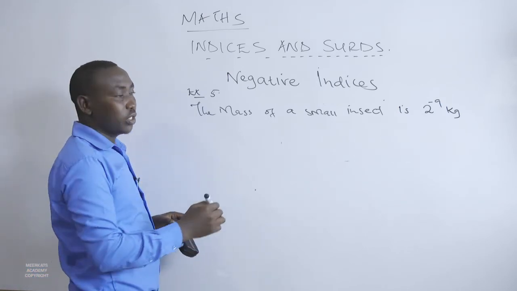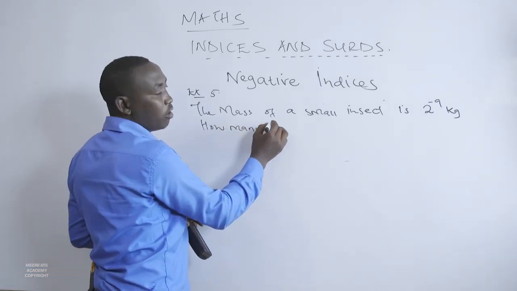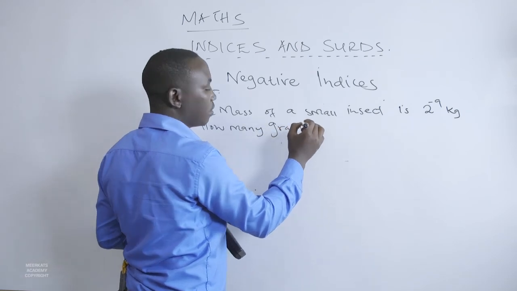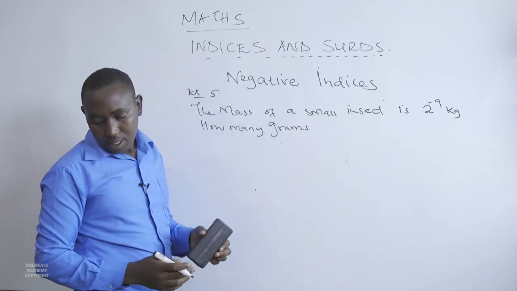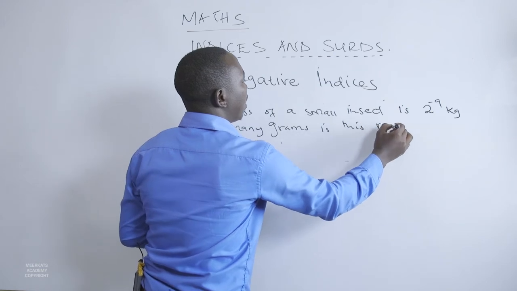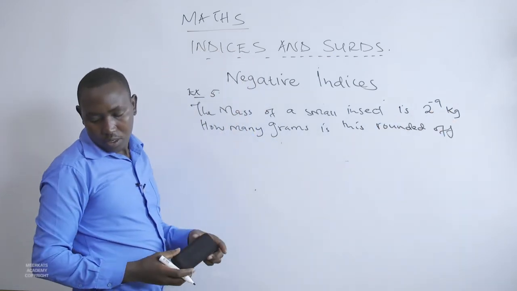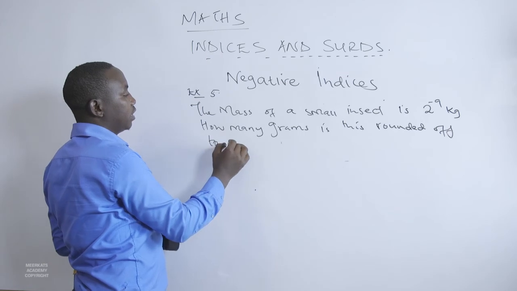How many grams is this, rounded off to 2 decimal places?